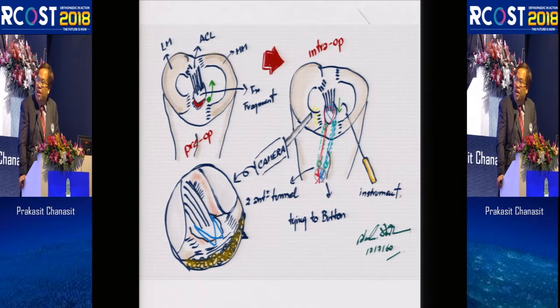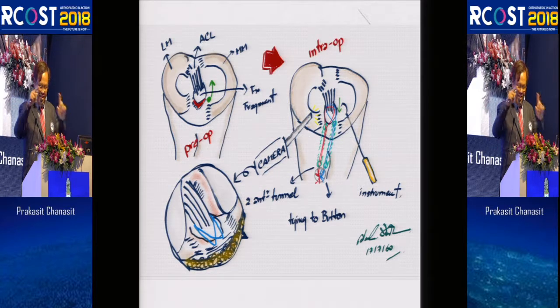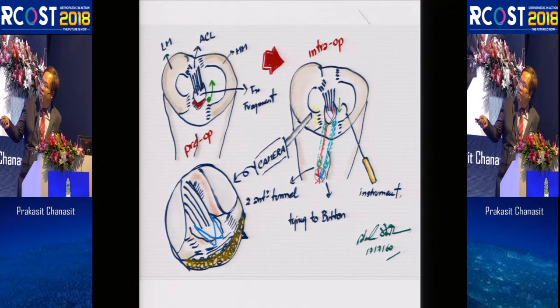Sorry, I don't have the video because it was deleted when I sent the arthroscope to maintenance. So this is a fracture of the ACL. First, we go inside and clear this hematoma and also the anterior horn of the lateral meniscus.